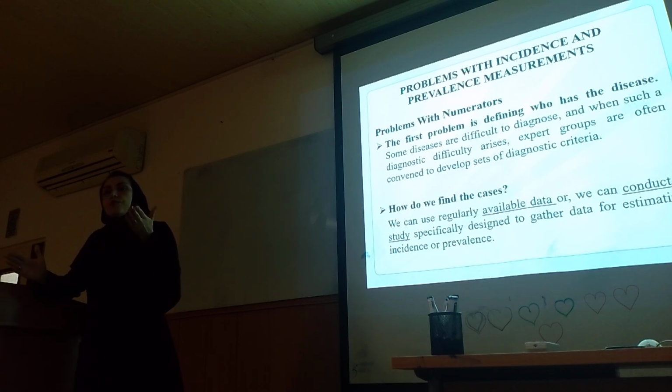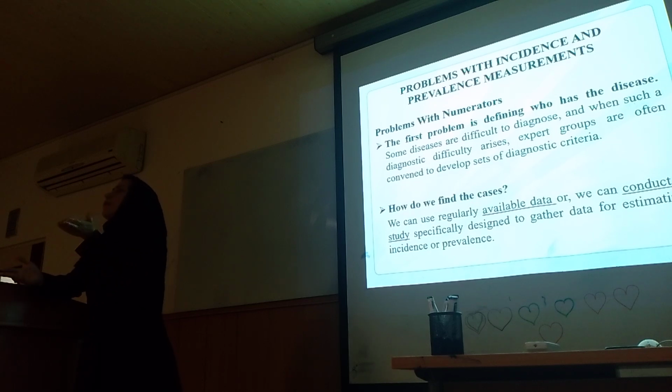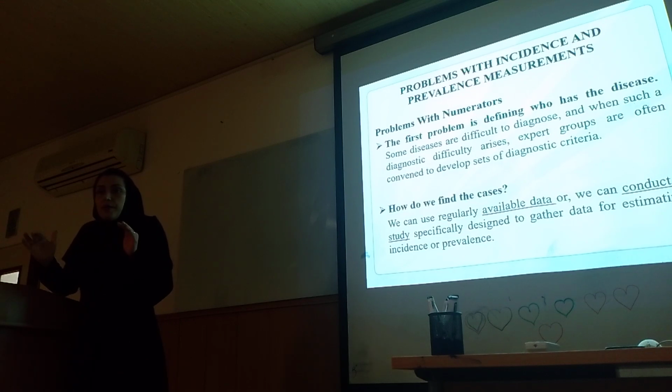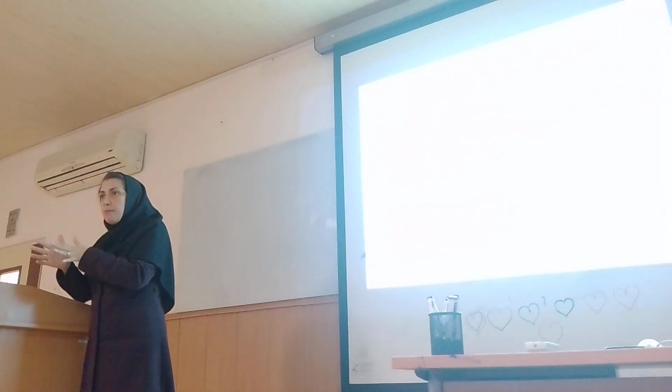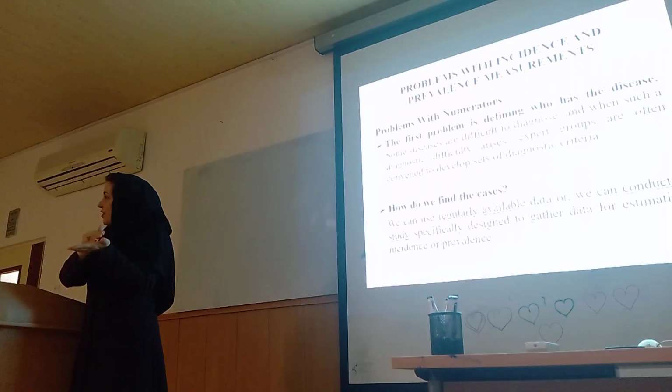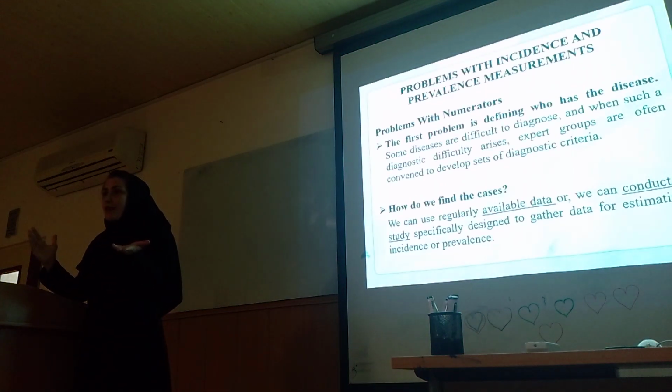The value for defining diabetes is, for example, 110 right now. Although the number of diabetics is the same, based on the new definition, the total number would be different.